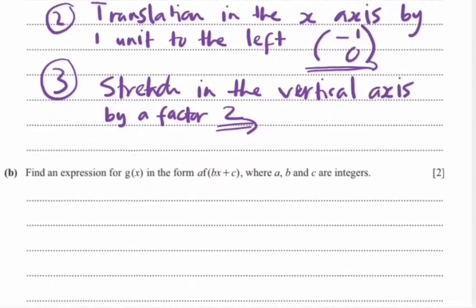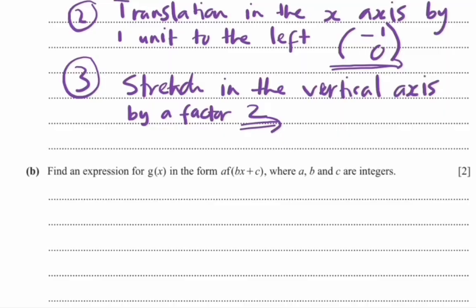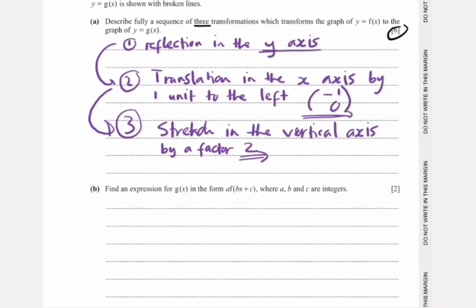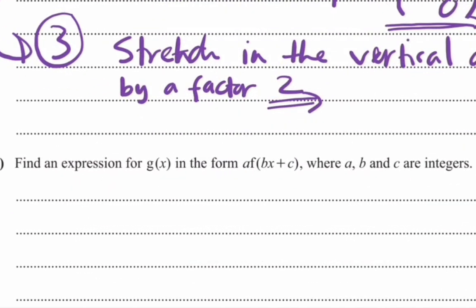And for part B, it says find an expression for g of x in the form a f bracket bx plus c. So we're going to follow this order from 1 to 2 and 2 to 3 to go from f of x to g of x.